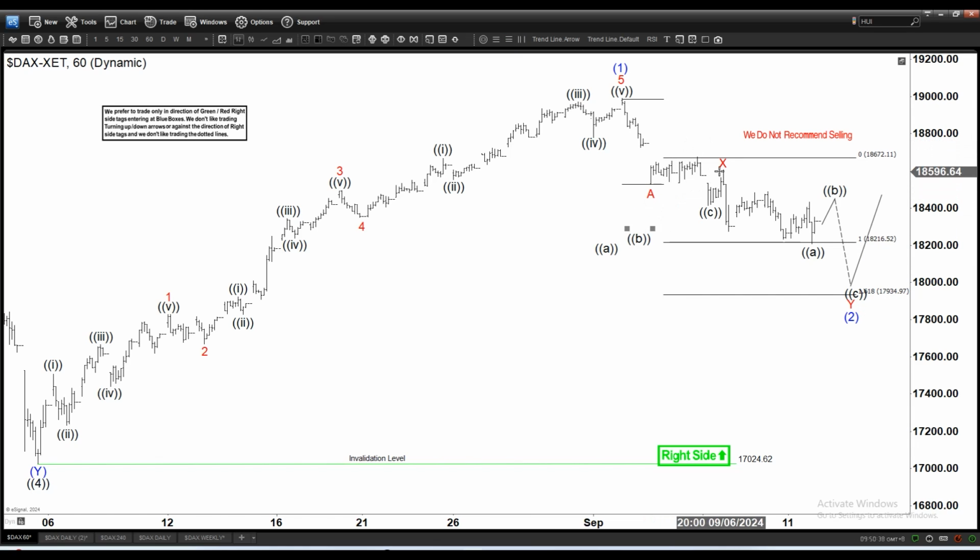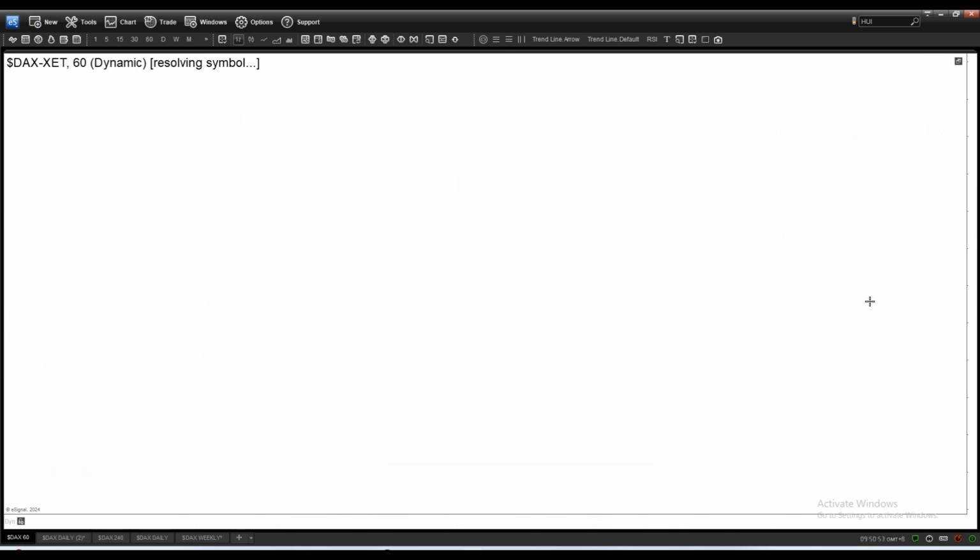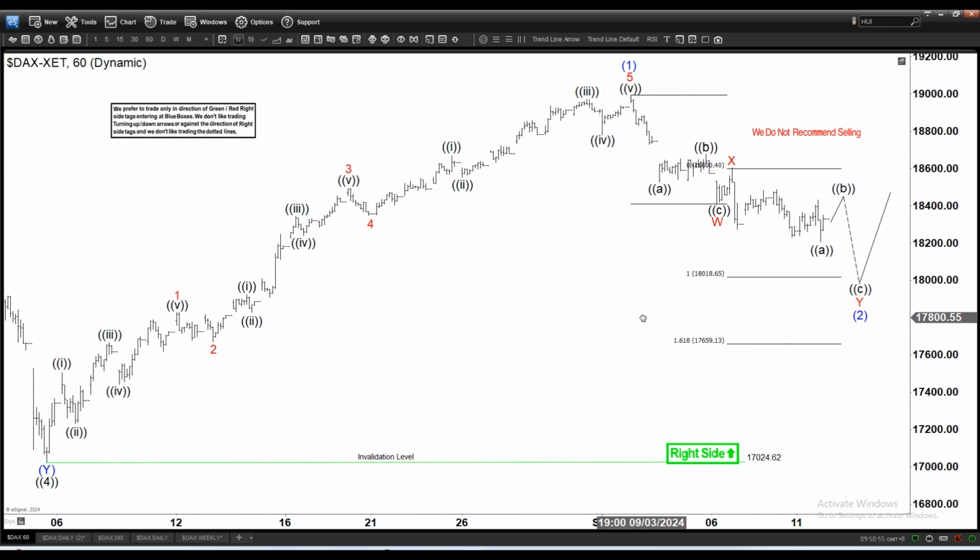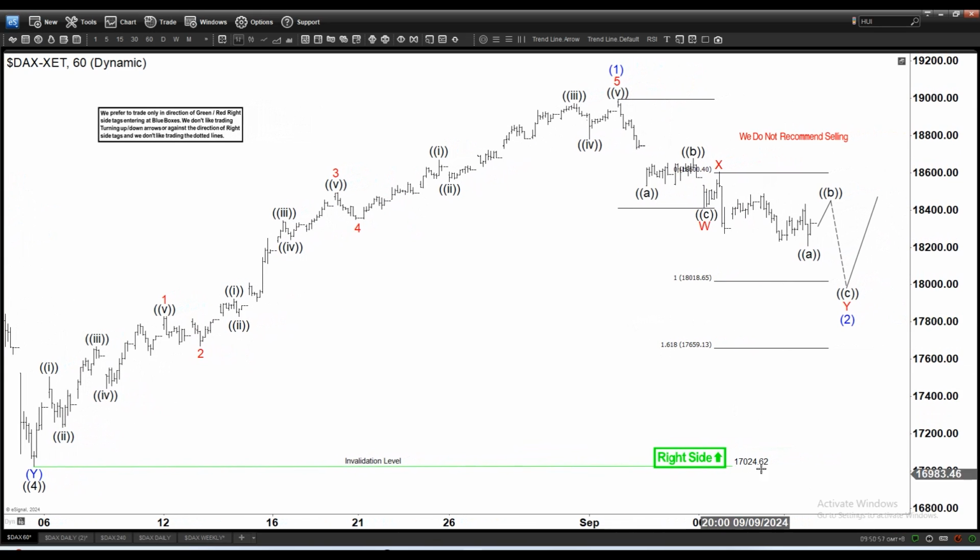So I can label it this way, for example, and you can call this some sort of 1 2 3 4 5, right? So it's possible, and therefore it doesn't necessarily have to reach whatever we are showing here. The idea is more that we like it higher as long as it stays above 17024.